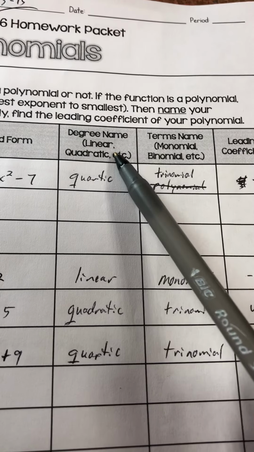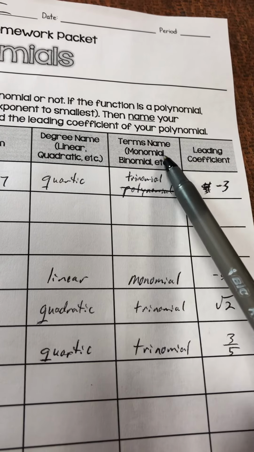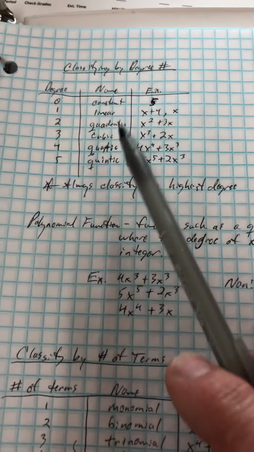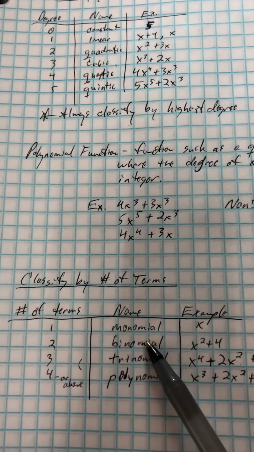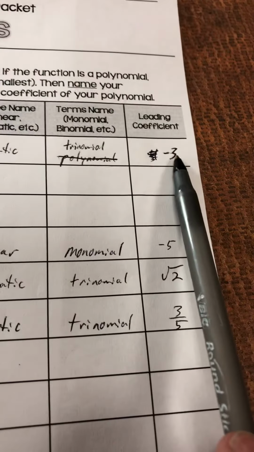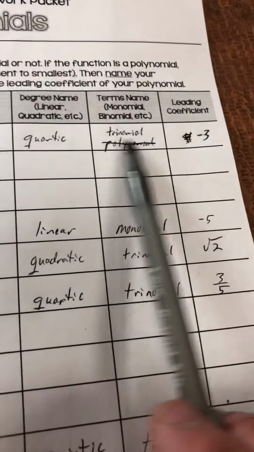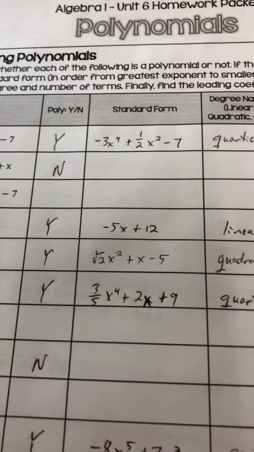The degree name, this is a quartic because it has that 4 there. And the term name, this is by terms, is trinomial. And its leading coefficient is -3. I was looking at something else and made some mistakes on those crossouts.